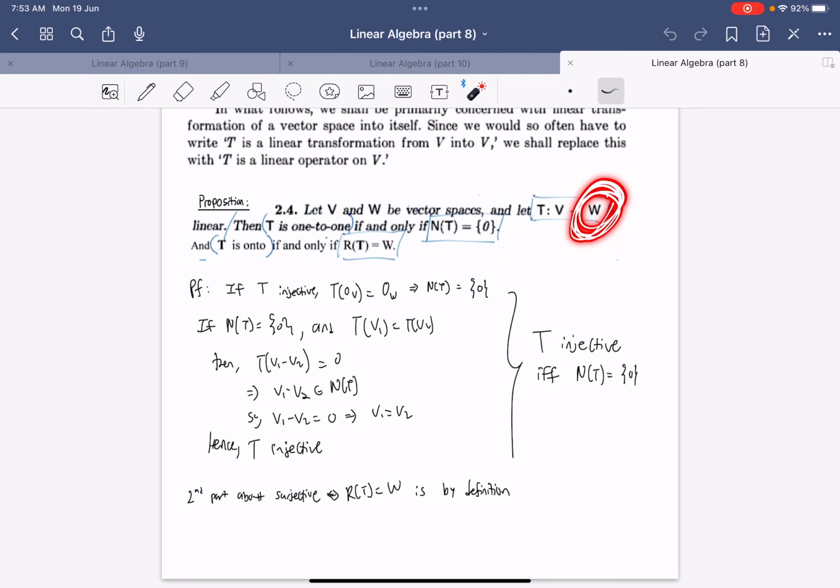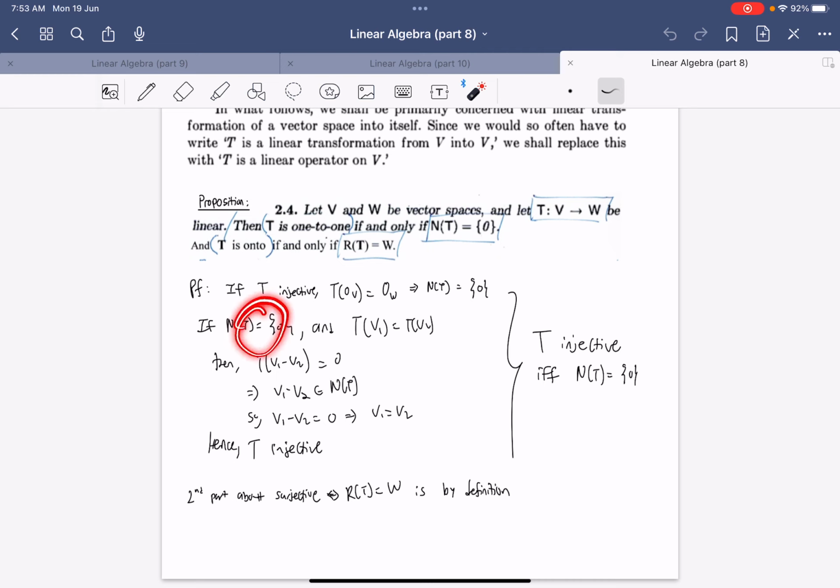For surjectivity, you need your codomain to equal your range. Now for injectivity, why is the null space equal to the zero space? Well, if it's injective and we already know that the zero vector is sent to 0, then the null space must of course be the zero space.